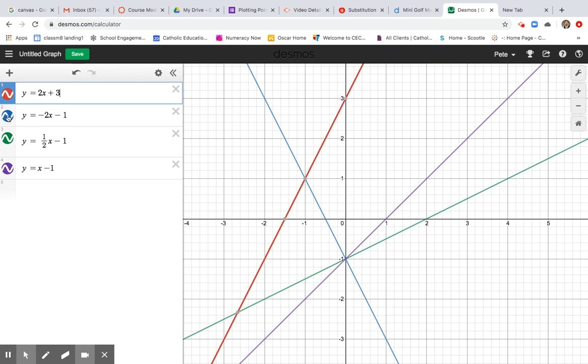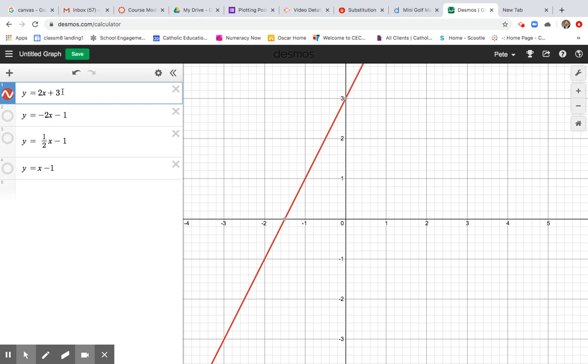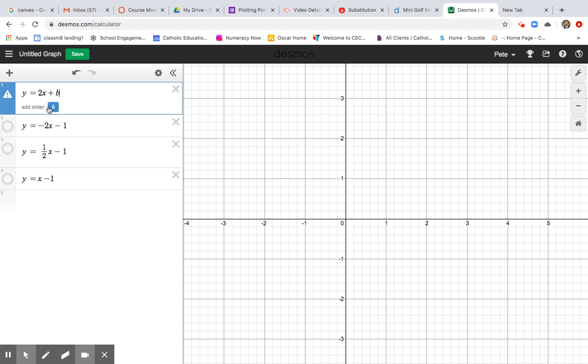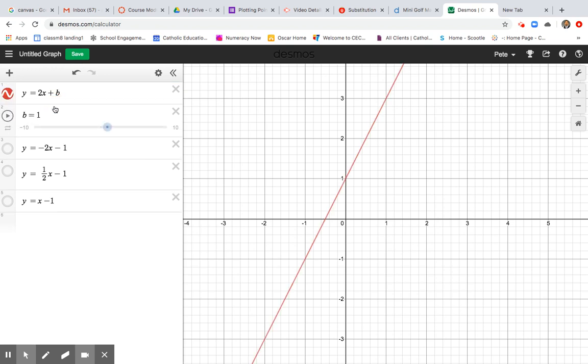With these things, you can always even just add in what's called a slider. So if we change this to a b, and it says add slider. So we're going to add a slider, but I don't want to go from minus 10 to 10. Let's just have it go from minus 3 so we can see it to 3. And we're going to step it at once.